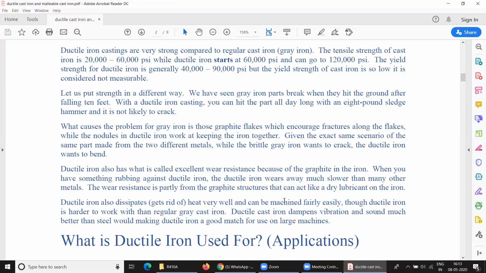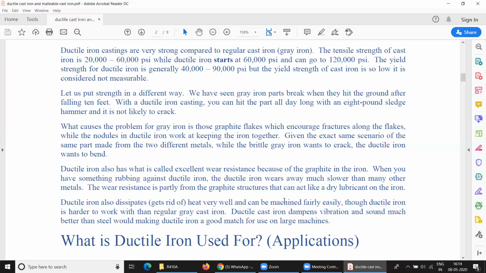Now, ductile iron has excellent wear resistance because of the graphite in the iron. When something is rubbing against it, ductile iron wears away much slower than many other metals. The wear resistance is partly from the graphite structures that can act like a dry lubricant on the iron.